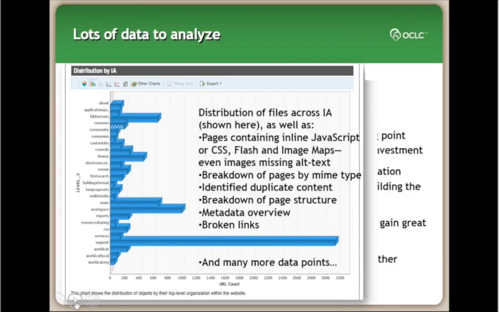But those reports really helped us plan for what content we might want to rewrite or rebuild as we move things across. There was a breakdown of pages by MIME type. It helped us identify duplicate structure. And it really showed us which tags we had used and which tags we had defined but really never found a use for.